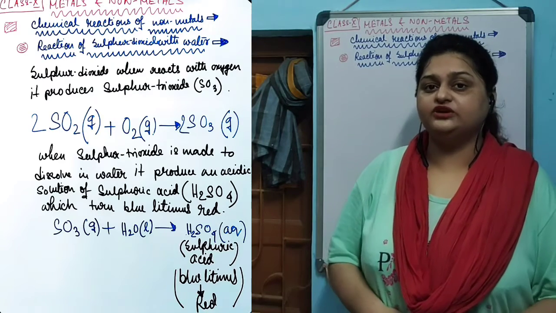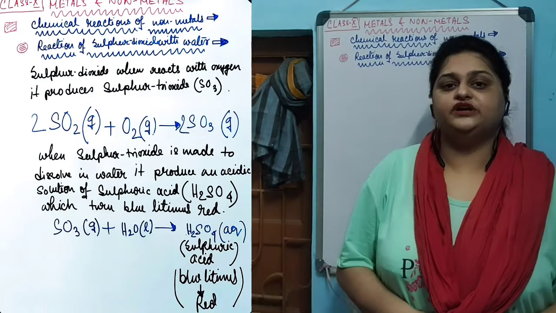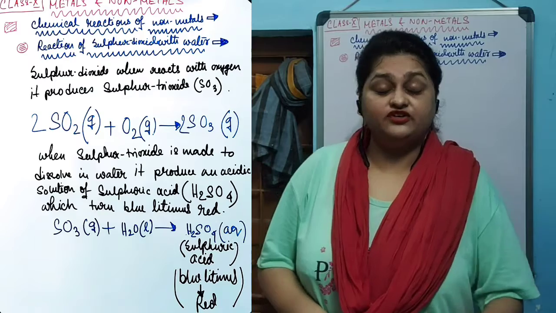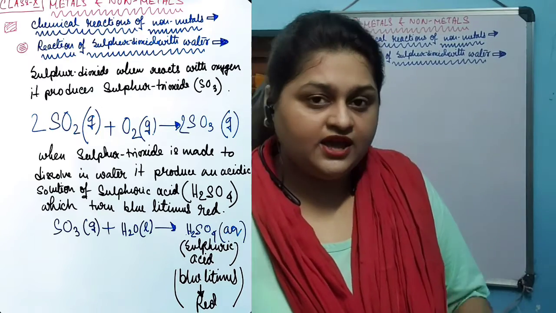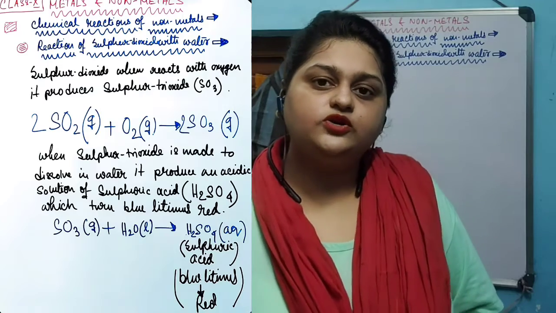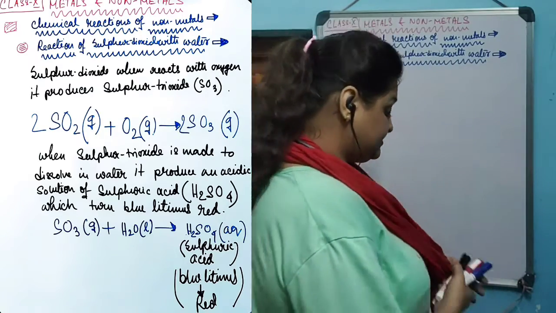Then how is sulfuric acid going to be prepared? Sulfuric acid is prepared from sulfur trioxide. Now let's see how sulfur trioxide is produced. Sulfur dioxide, when made to react with oxygen, produces sulfur trioxide. Let's see how.